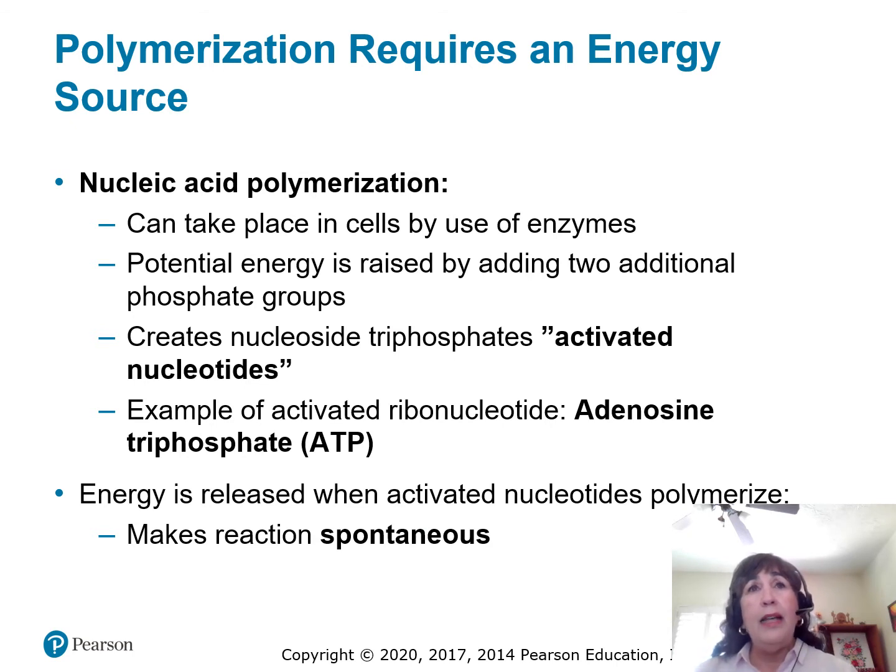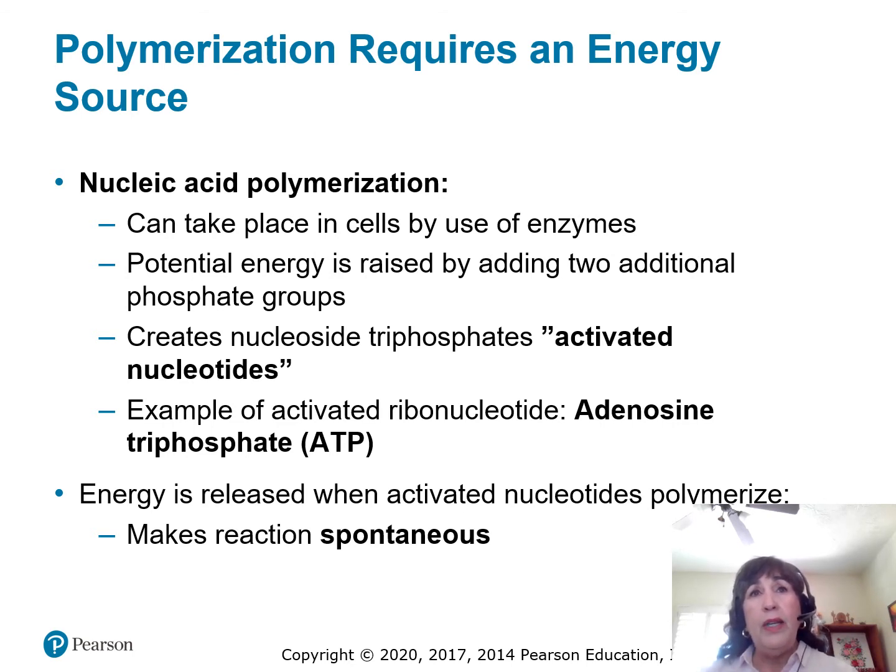Nucleic acid polymerization can take place in cells by using enzymes. Enzymes have to be used to catalyze the reaction to actually build a DNA molecule. So where does the energy come from? Keep in mind that when you're going from a small molecule to a large molecule, you need a source of energy. In this particular case, the energy comes from the monomers themselves, from the building blocks.